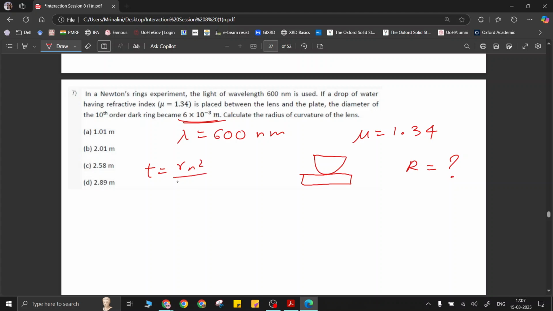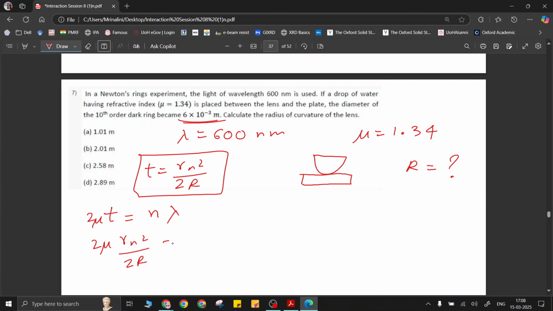t is rn squared divided by 2R, this is one relation. And when I substitute this, because we have to take care of the dark ring of 10th order, 2 mu t will be equal to n lambda, and with t, 2 mu rn squared divided by 2R is equal to n lambda.